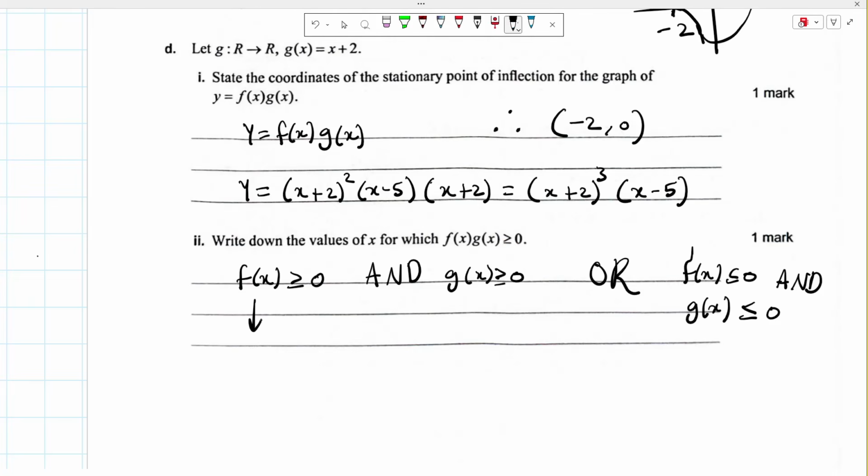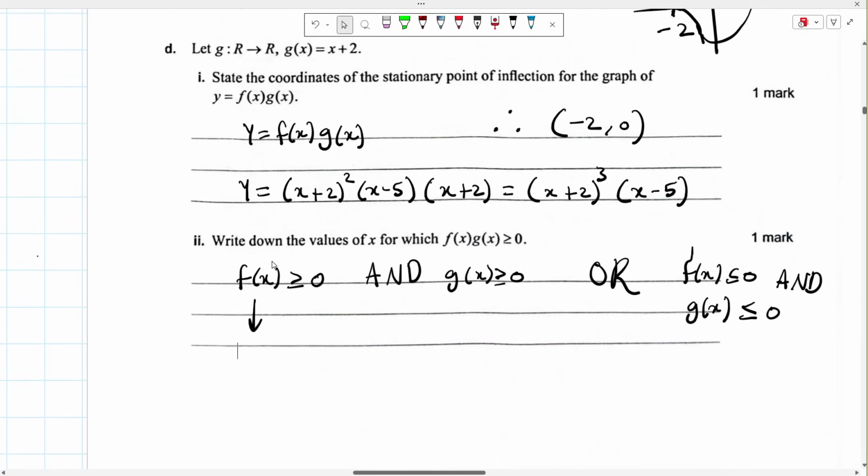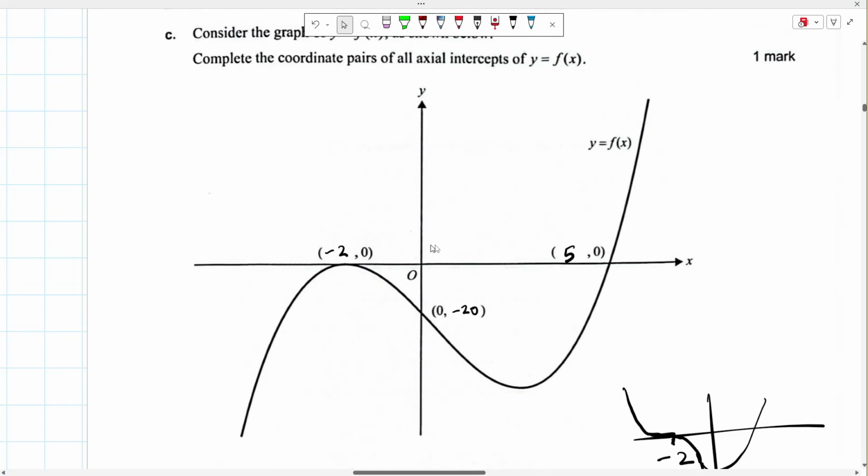So when is f of x greater than or equal to 0? Well, it's equal to 0 at -2, and it's greater than or equal to 0 also from 5 to infinity.